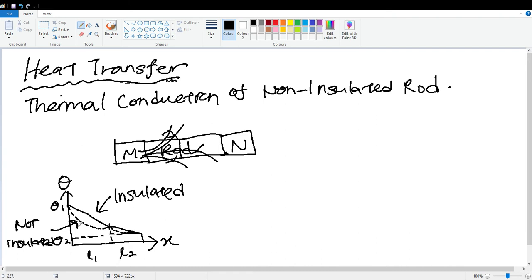Since the rod is not insulated, the temperature varies, not constantly decreasing, because heat is lost to the surroundings, and hence the temperature is not in steady state.